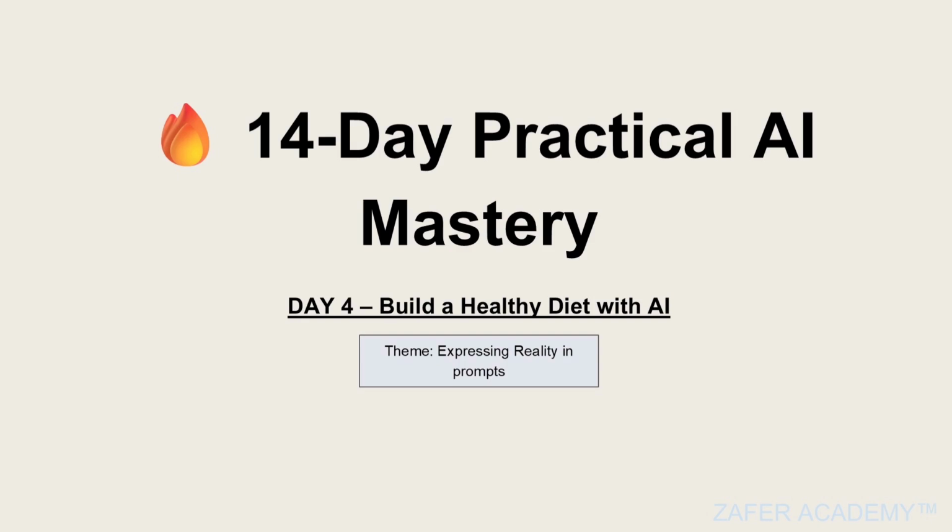All right, so what's our theme for today? Expressing reality in prompts. Today we're looking at taking your reality and expressing it in prompts: your particular situation, the problem you're trying to express, and the solution you're trying to achieve. How can we translate that into a prompt so that AI can understand it?